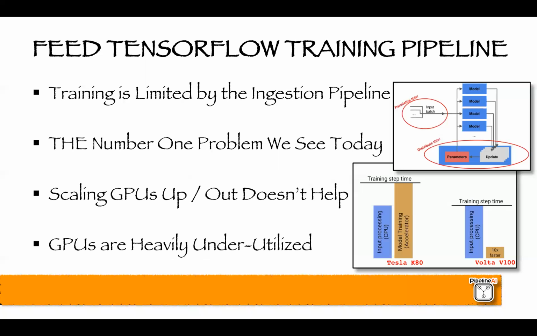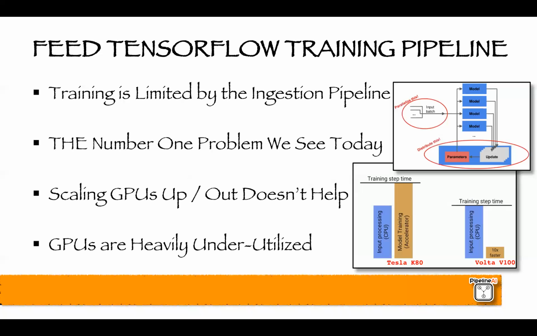But if you can use a much faster network and a highly optimized protocol for these types of workloads, that's where the big gains will come from, and then hopefully we can match. And the bottom right shows the Volta V100, which is 10 times faster than the K80, but we're just saturating it even less.